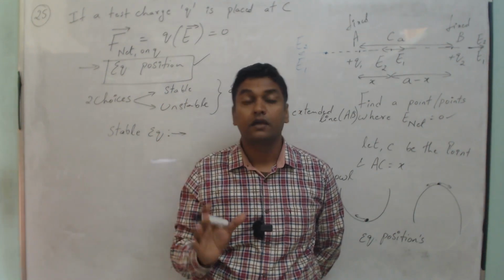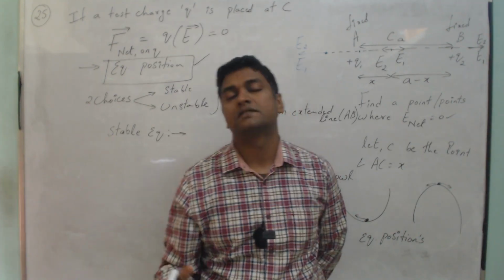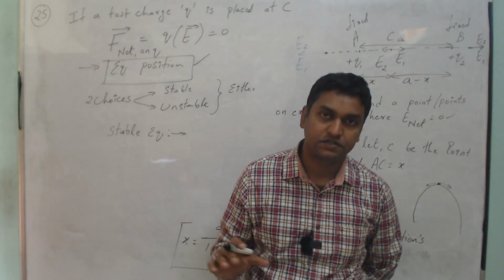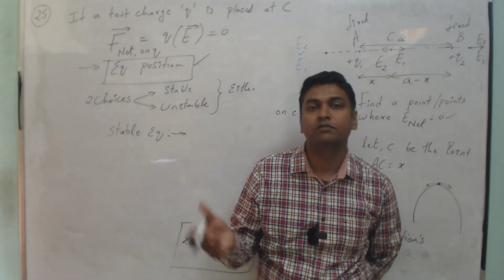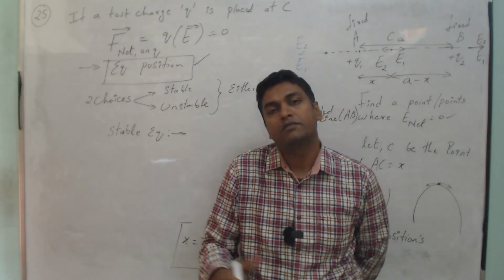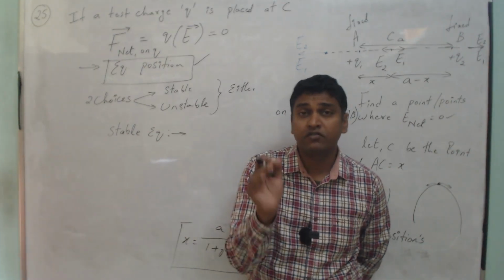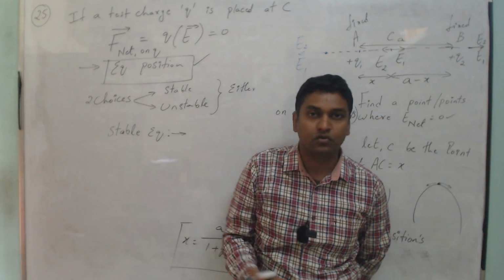Under these equilibrium positions, we have two choices. It can be either stable equilibrium or it can be unstable equilibrium. To check if it's an equilibrium position or not, we have to see if the net force is zero.